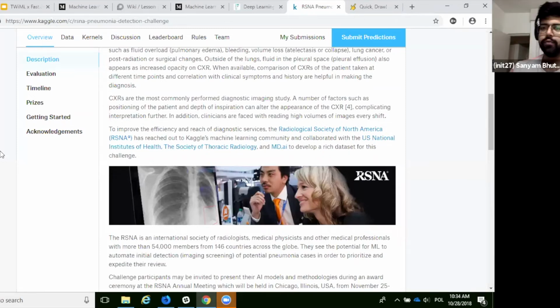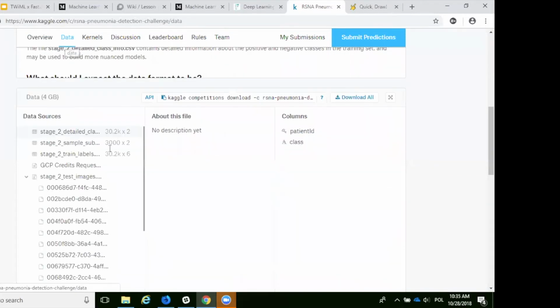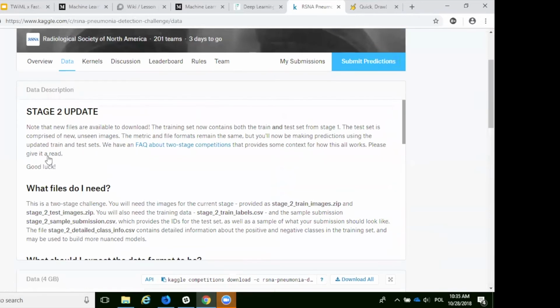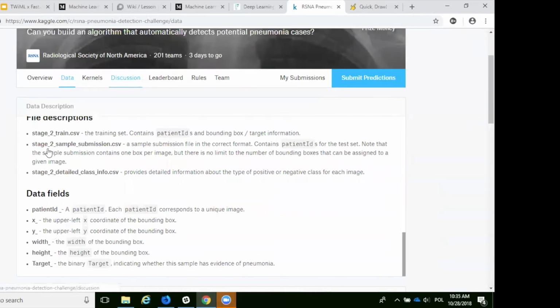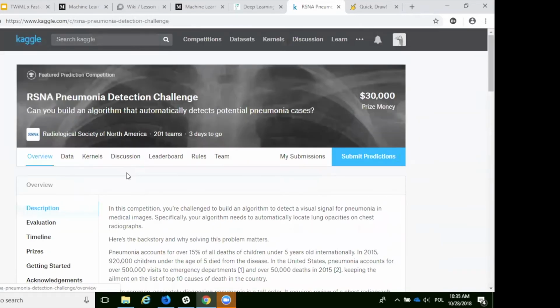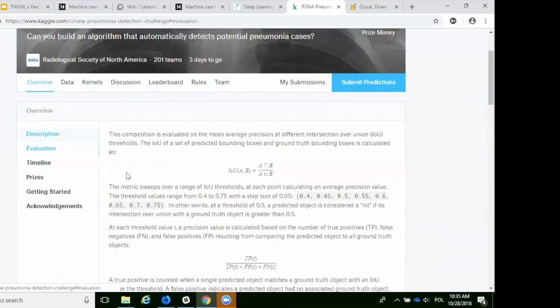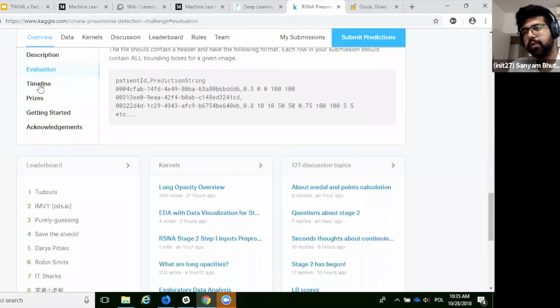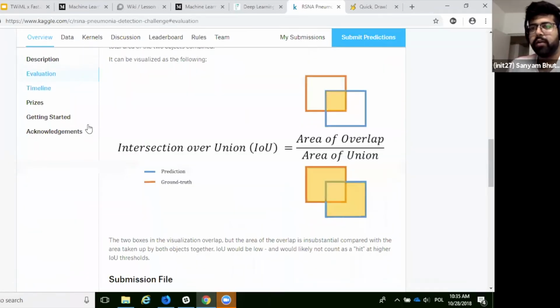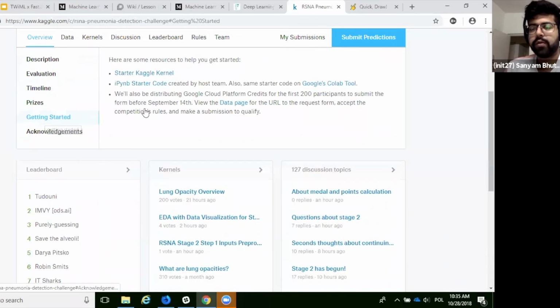So are you trying to make a bounding box thing or just predict the probability? No, we're using some image processing techniques, I guess marker-based watershed algorithm and something like those. Are you trying to predict the location of the tumor or just the probability of the patient having cancer or not?